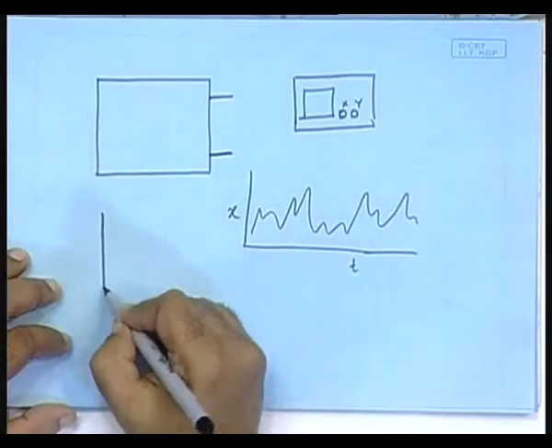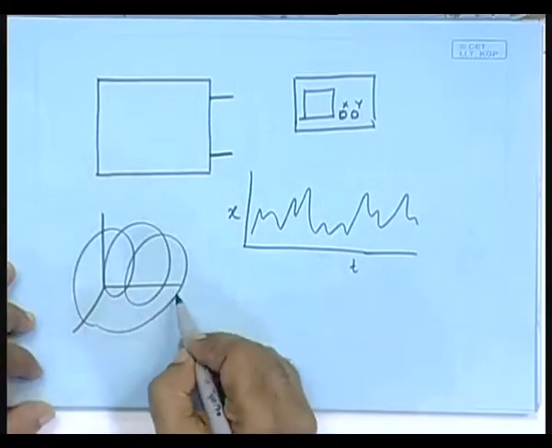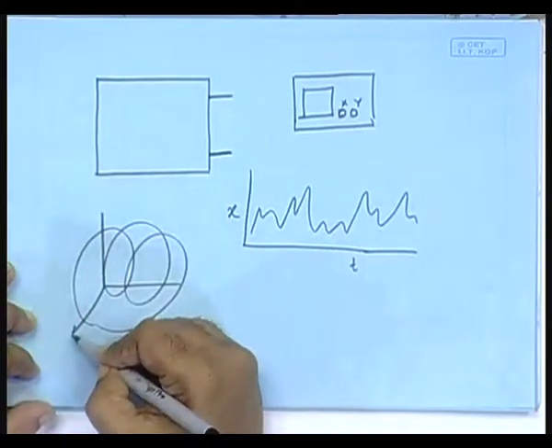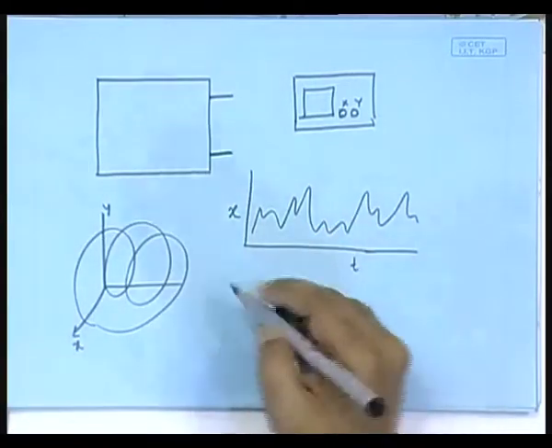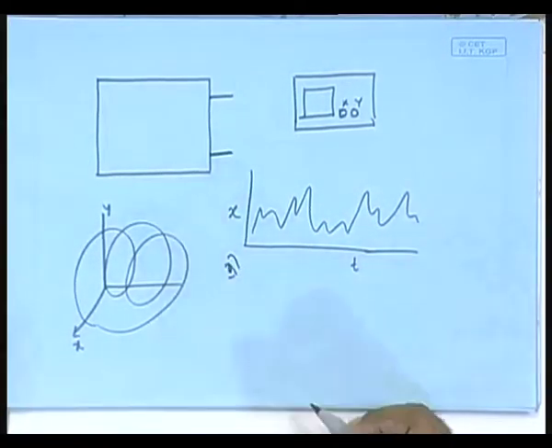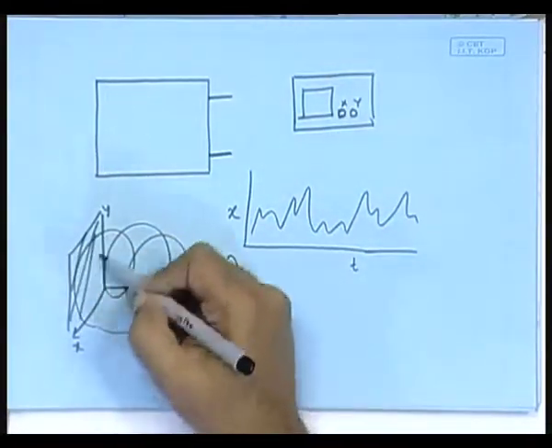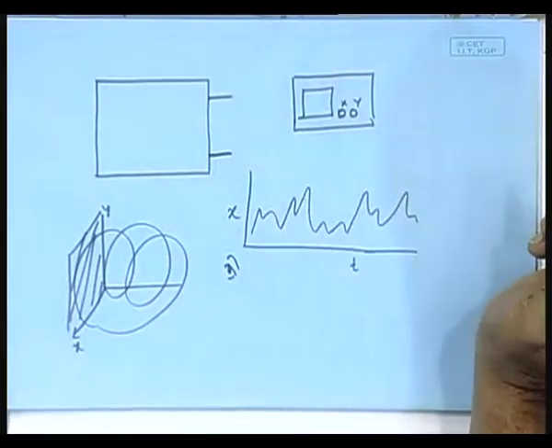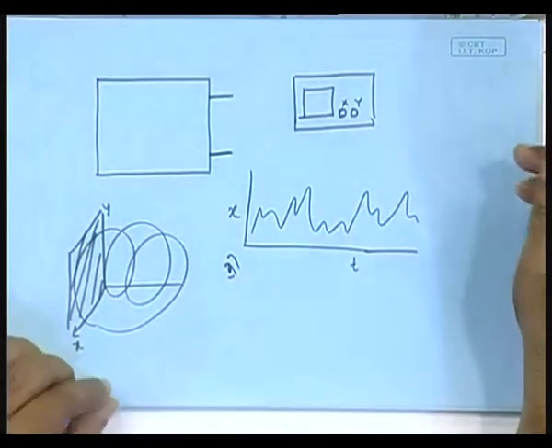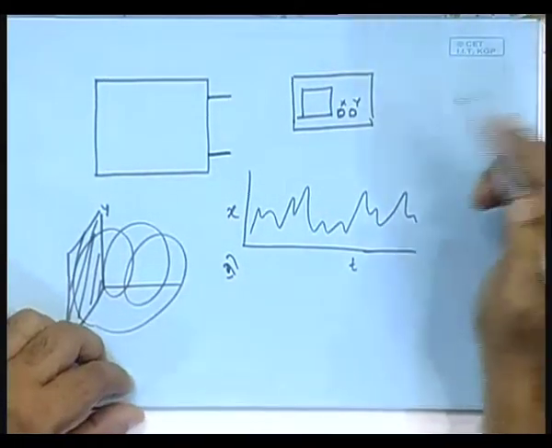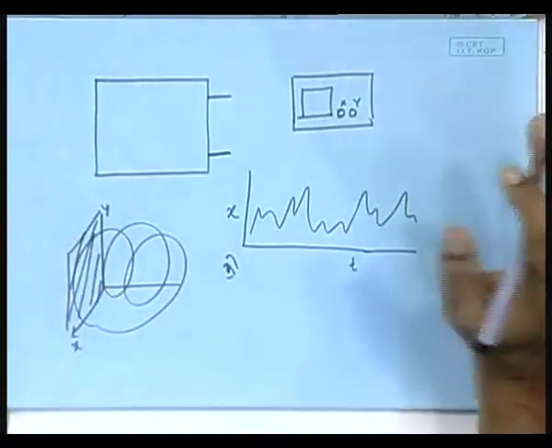You might imagine that it is actually a 3-dimensional system with some kind of oscillation going on, but when you take your x coordinate and y coordinate, you are essentially looking from here as if your eye is here, and you are seeing the projection of it in the x-y plane. That is what will be observed here. You will not be able to actually observe the 3-dimensional thing, because that requires a different visualization technique. It is possible to do data acquisition and plot this on a computer in 3D.